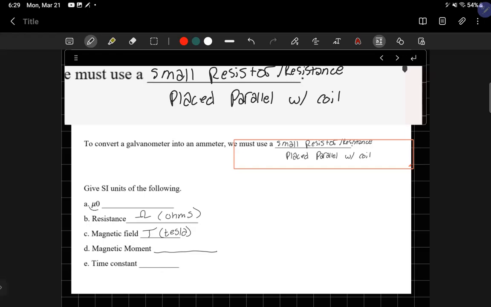Magnetic moment. If you can remember the equation, magnetic moment, I believe.